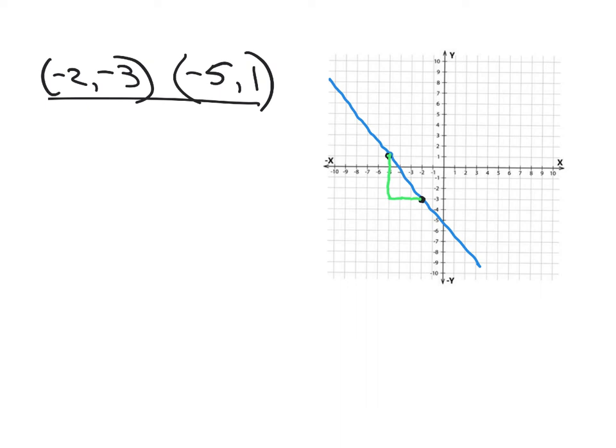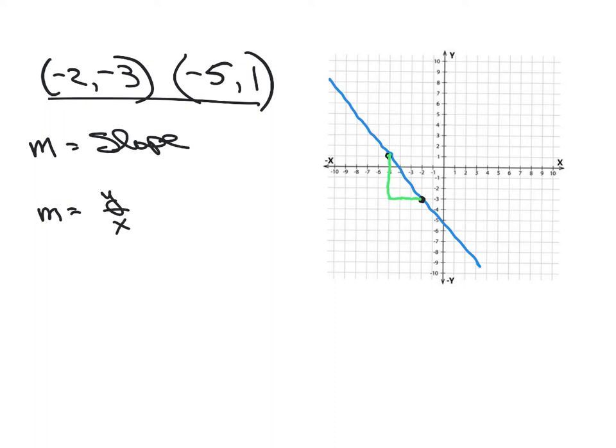And what we do is we use symbols a lot in math. And this one does not make any sense, but that's the way it goes. We use the letter M to represent slope. Why not S? I have no clue. But M represents slope. So M equals y over x.